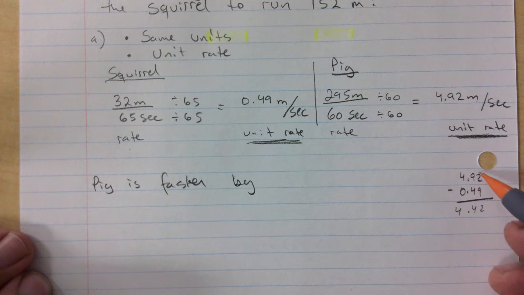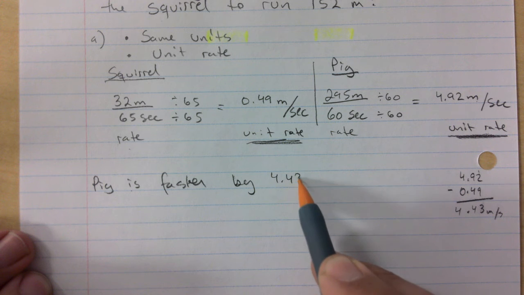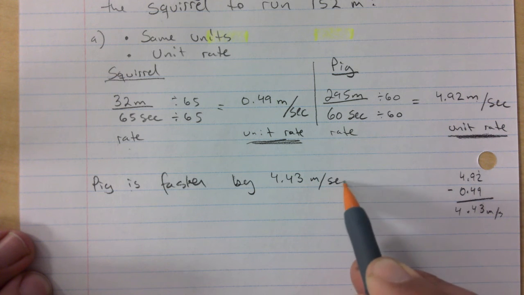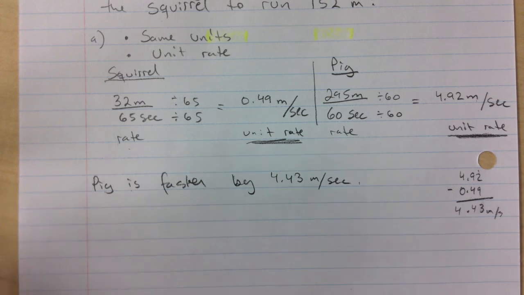No, sorry. 3, right? 12 minus 9, that's 3. 4.43 meters per second. So pig is faster by 4.43 meters per second. So that answers A.